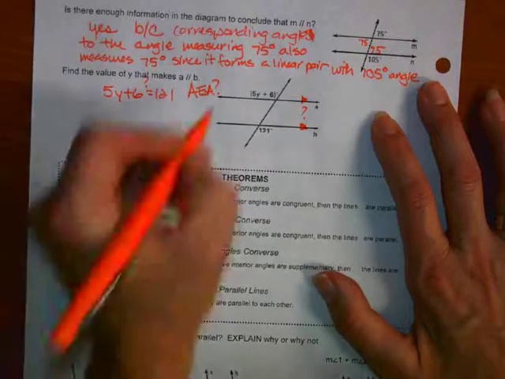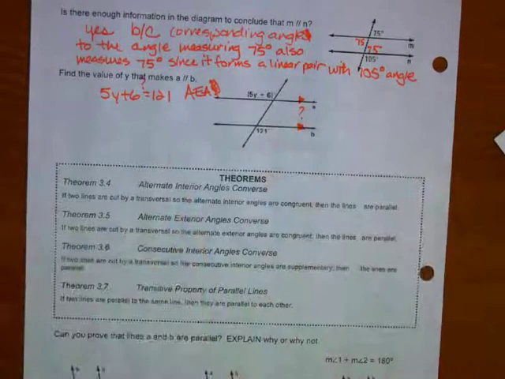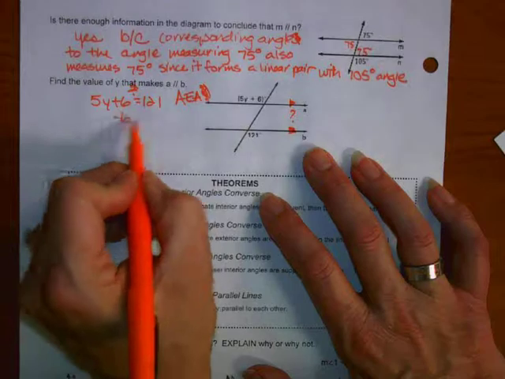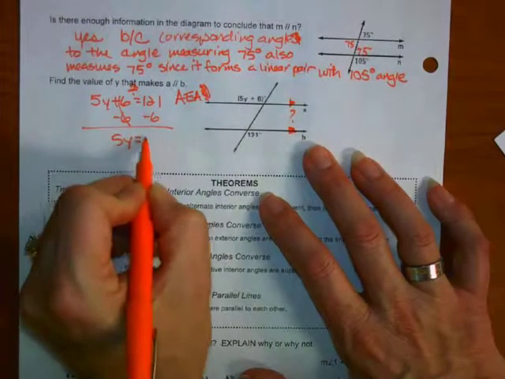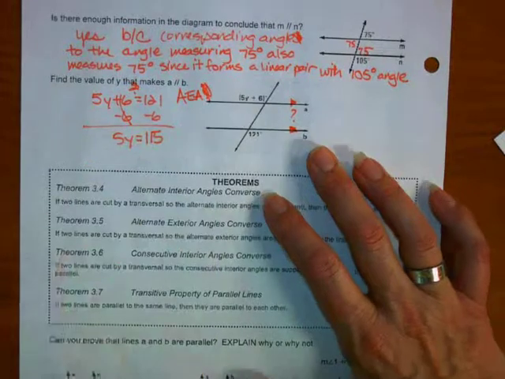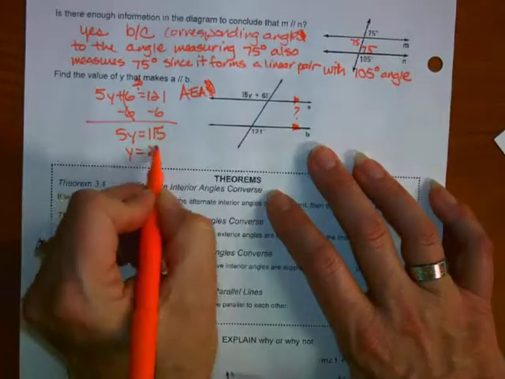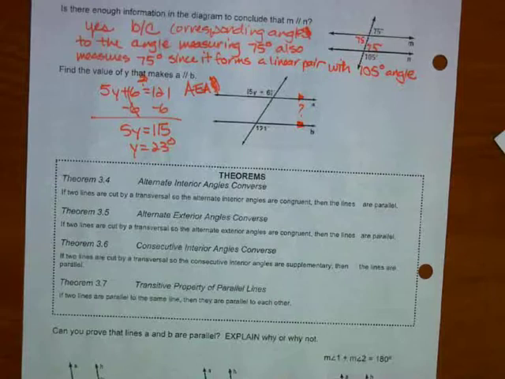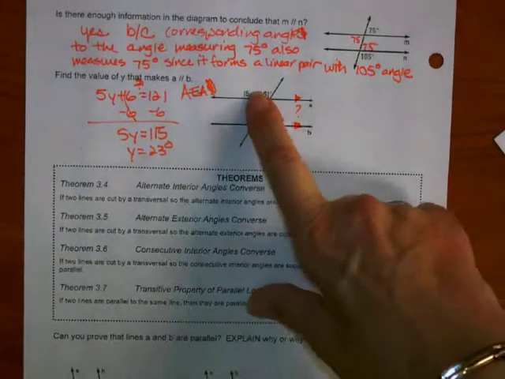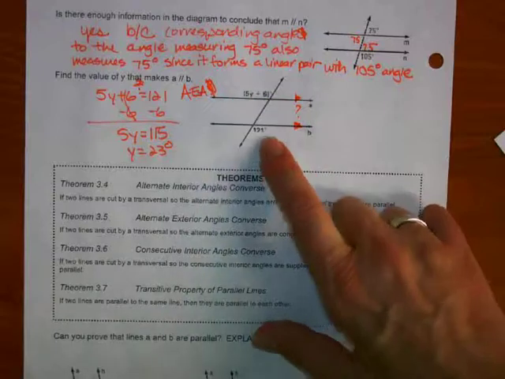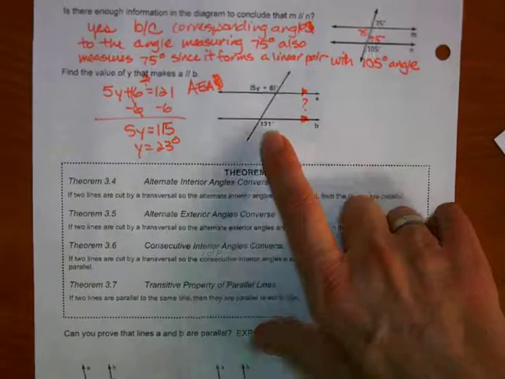Actually, we're just finding y. We're not checking it, sorry. So subtract 6. And y equals 23 degrees. So we really didn't have to do much with that. That is what I would plug into here to get a value of 121, making my alternate exterior angles congruent.